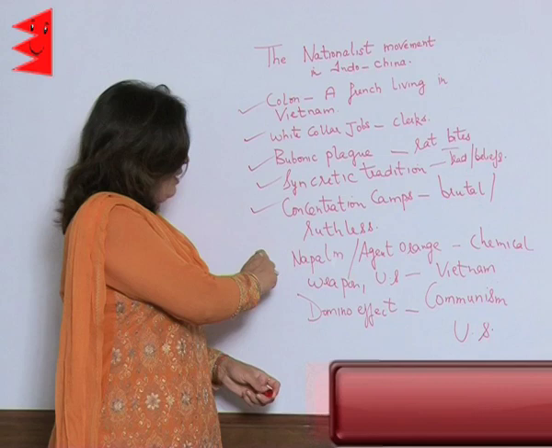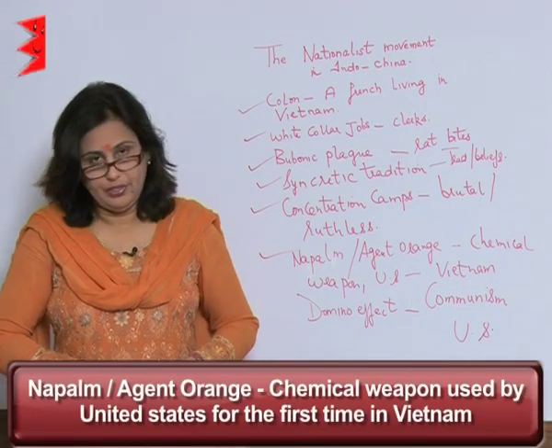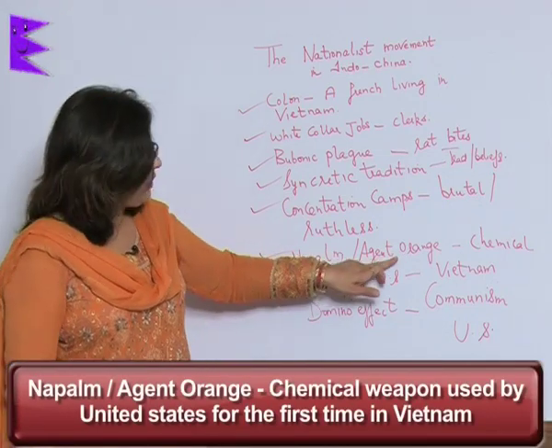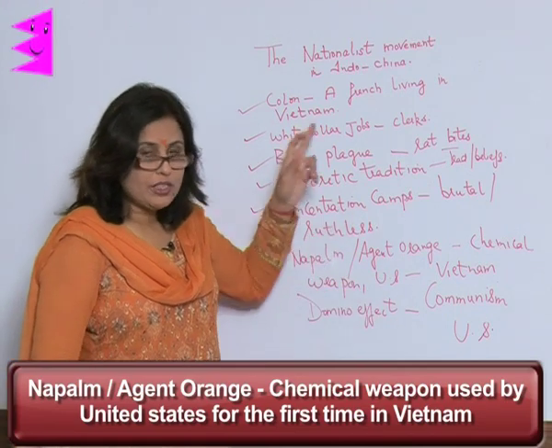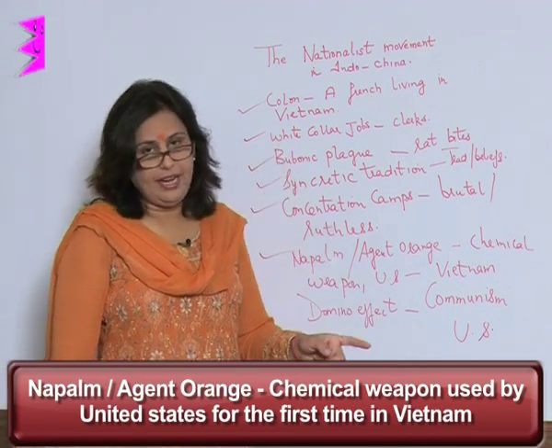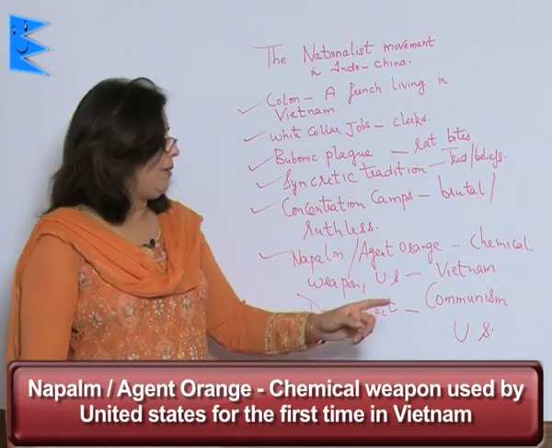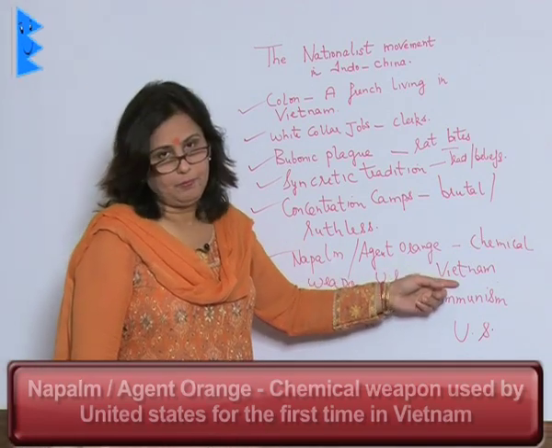Next is napalm and Agent Orange. This was a chemical weapon which was used by the United States for the first time in Vietnam.